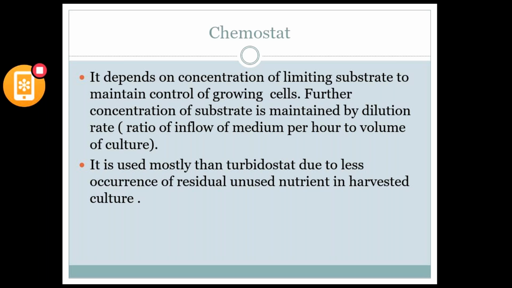That means a little amount of fresh medium we will get when we remove the older media. But in the turbidostat, a large amount of the fresh media added also gets removed. Hence the turbidostat is less used and the chemostat is mostly used. This is the main advantage of using chemostat technology in this continuous fermentation.